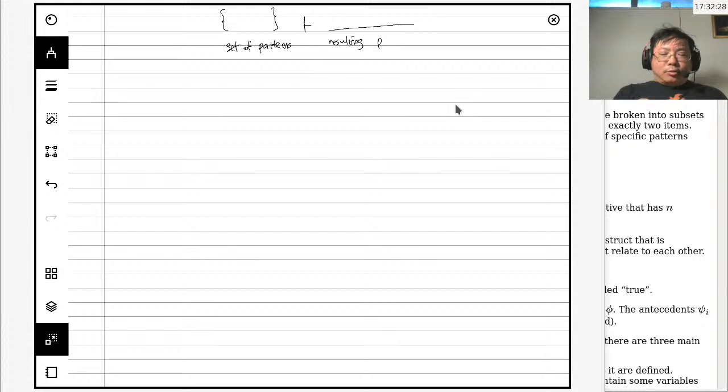Now these are my descriptions, okay? If you look up propositional logic, it has a definite term for what is on the left-hand side and a term for whatever is on the right-hand side. So I'm just giving you the really colloquial version of these terms. So on one side we have a set. This is a set of patterns.